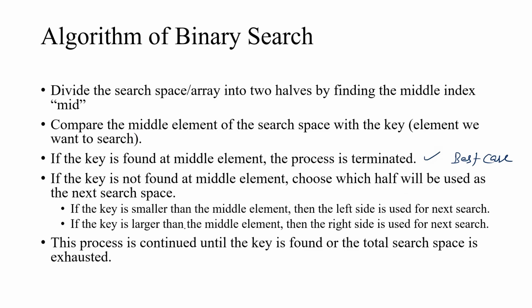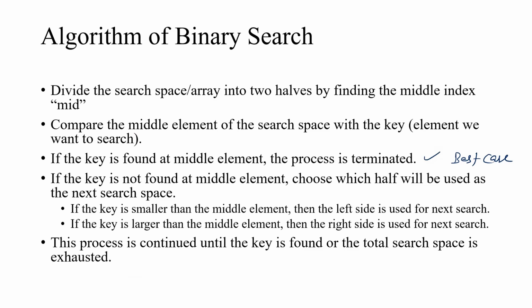If the key is larger than the middle element, we search the right side of the array. We continue this process until the key is found or the total search space is exhausted. So this is the binary search algorithm.